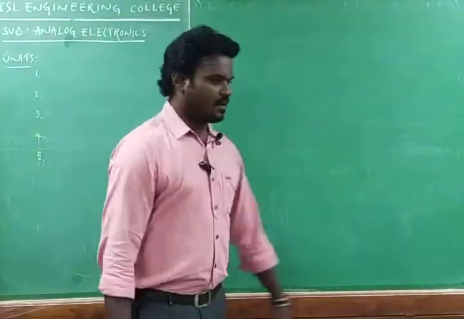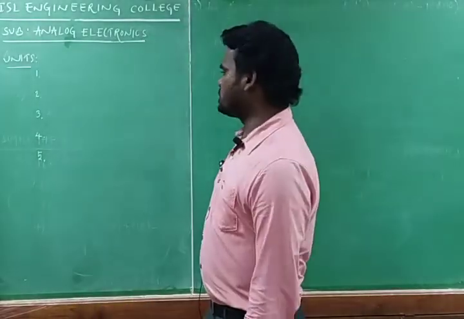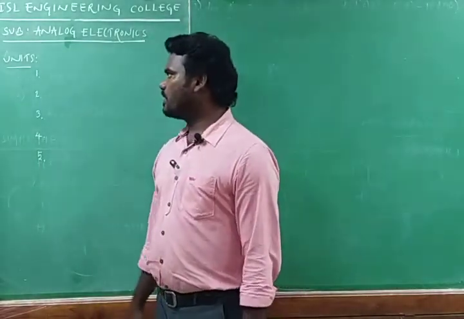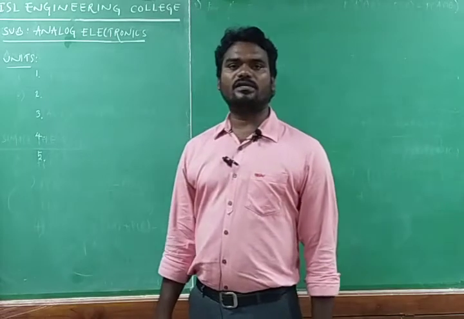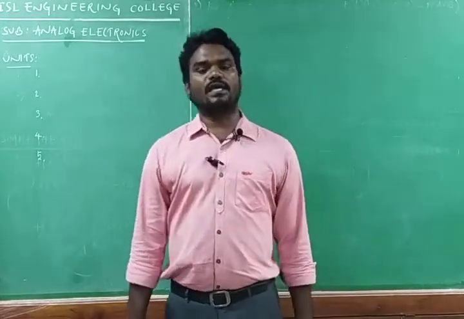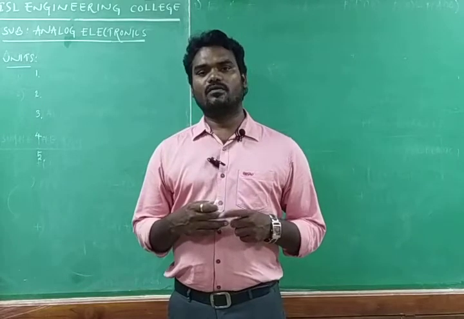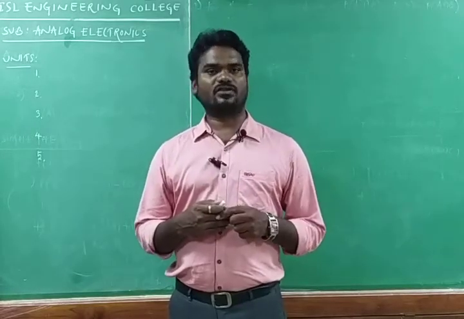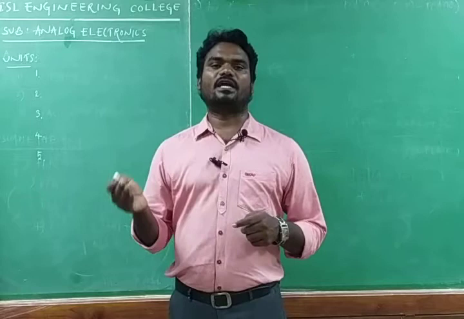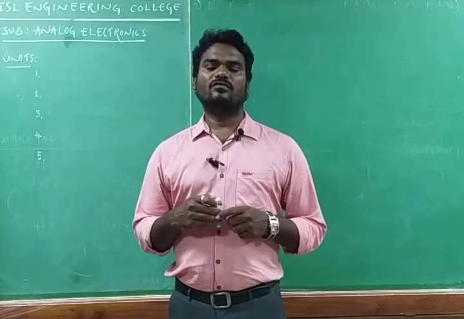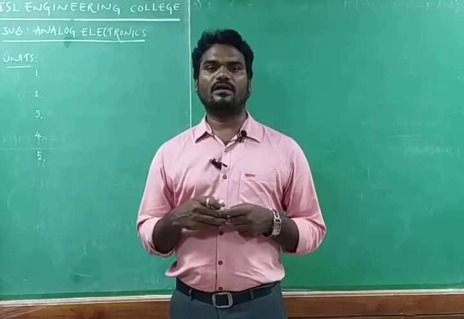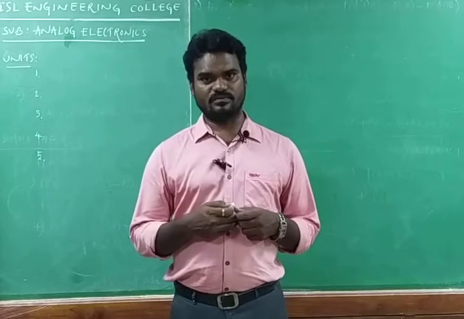Here, analog electronics consists of 5 units. In the complete analog electronics, we are going to study some electronic devices, the formation or construction of electronic devices. After studying its construction, we have to study its behavior by applying some voltage.